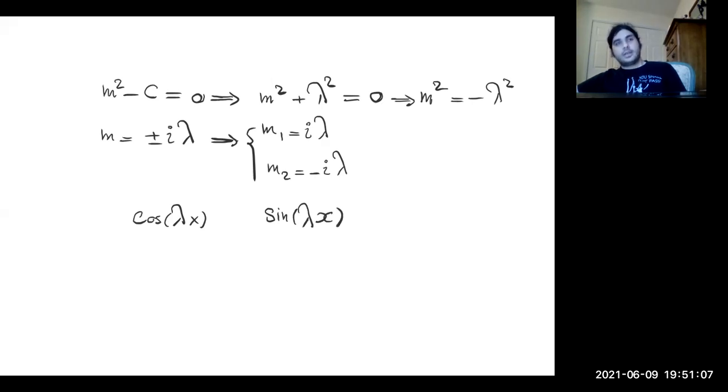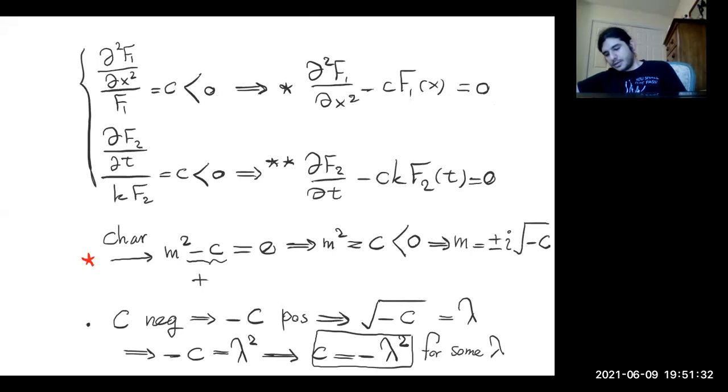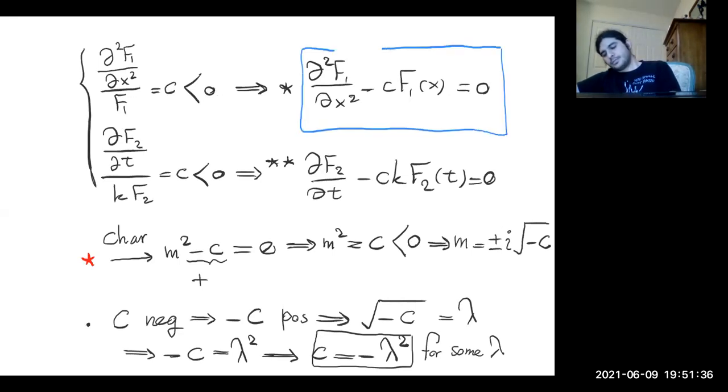So the solution, which we named f1 of x, would be a linear combination of these two. That would be the solution to the equation star. Remember, this is the equation star. So we have the solution to this equation.